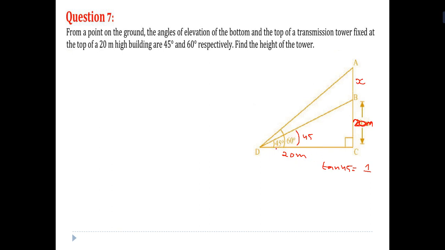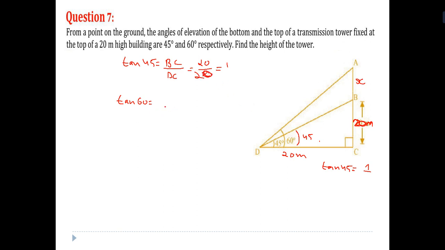So two different ways we can do. Either tan 45, that is BC upon CD. So 20 upon x is equal to 1. So here it is 20. Now in tan 60 that I want to find out, CD here 20 we have to put.